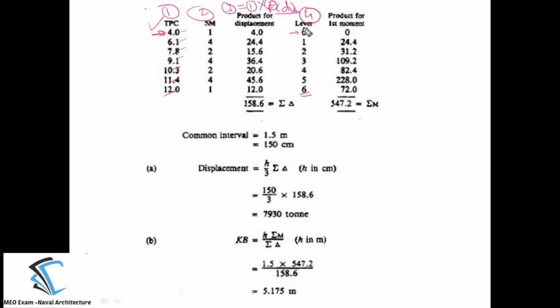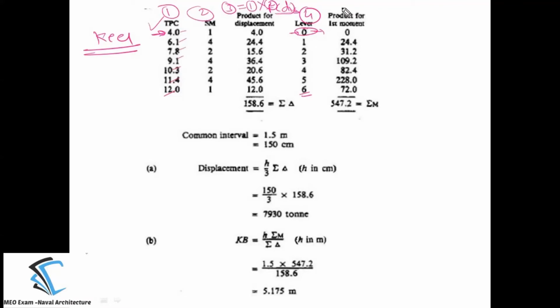So the 0 which we have taken, the keel is the reference. We have not taken the top of the ship as a reference. We are measuring the lever from the keel and it is increasing along the depth. So 0, 1, 2, 3, 4, 5, 6 like this.